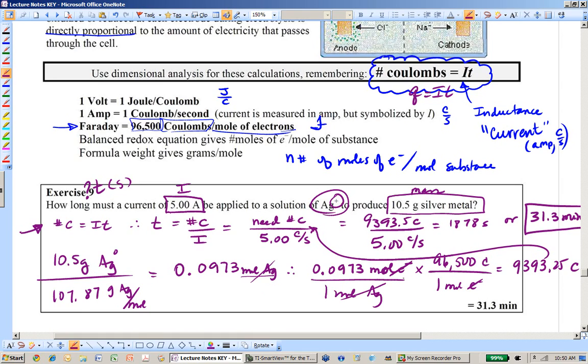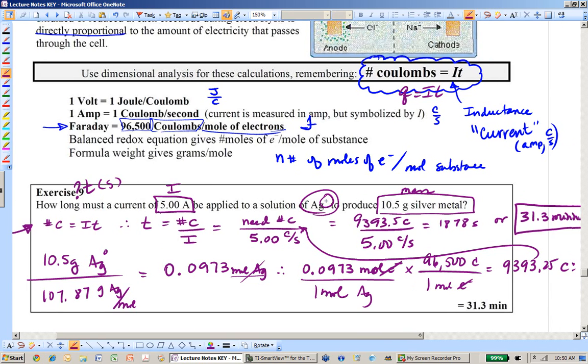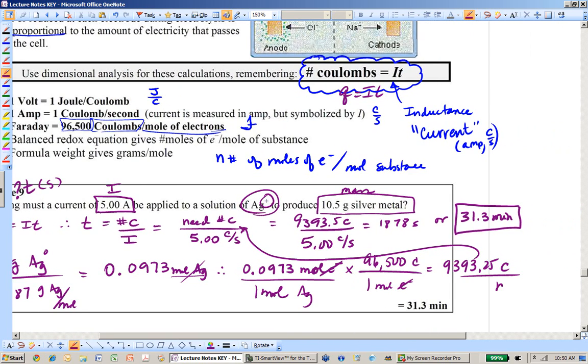And I'm going to get rid of my moles of electrons, so I'll have 96,500 coulombs per mole of silver. And I end up then plugging that back into my number of coulombs equals it, now that I know how many coulombs there are. Divide it by the 5 for my amps, and coulombs per second is an amp. And I come out with 1878 seconds, which it's good form to go ahead and put into minutes, because that's a lot of seconds.